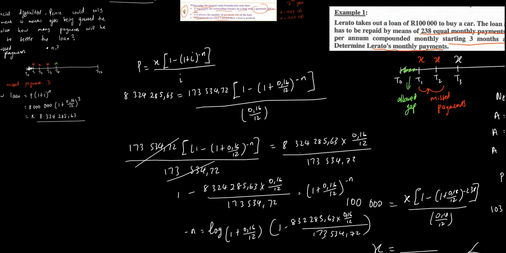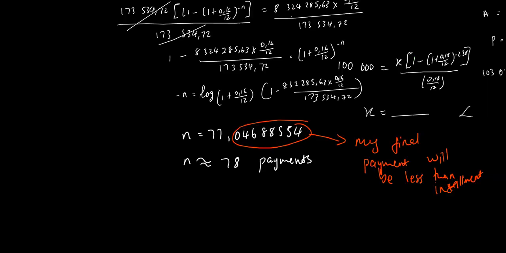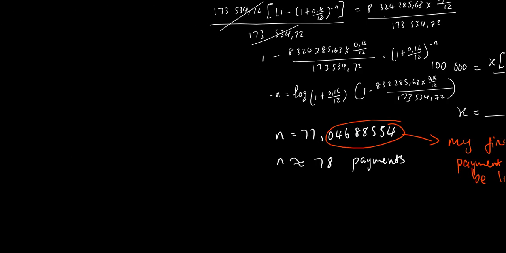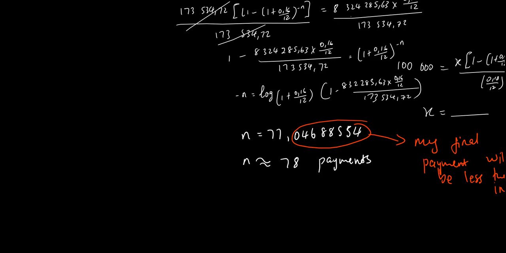Now they are going to ask you to calculate the final payment. Definitely they will ask you. This is my last question with you on this, and please listen carefully to how to calculate the final payment.